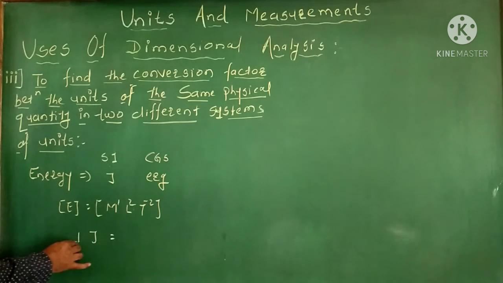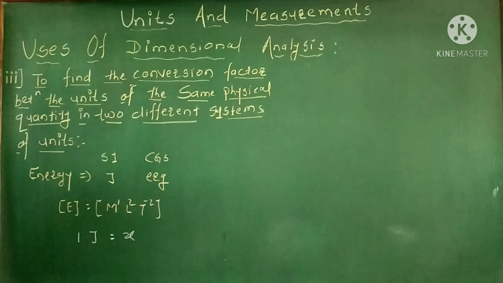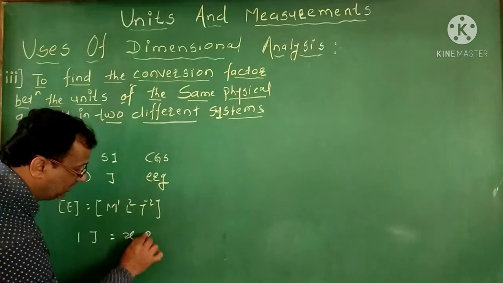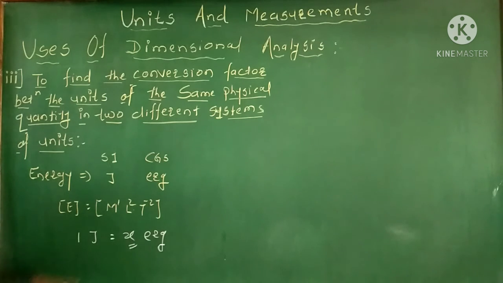So 1 joule is equal to, suppose the conversion factor is x, x erg. Here we want to find the value of x, and x is the conversion factor, right?